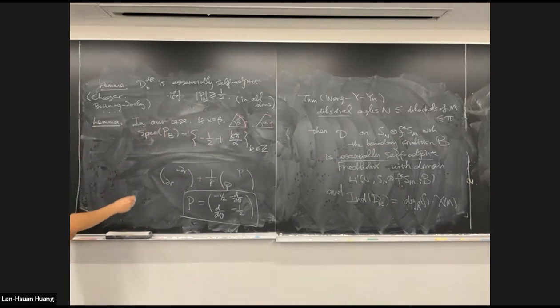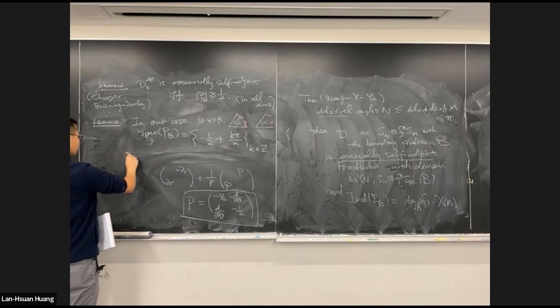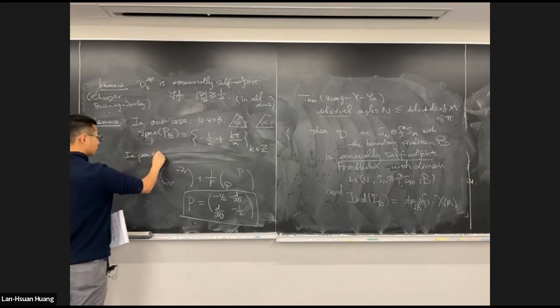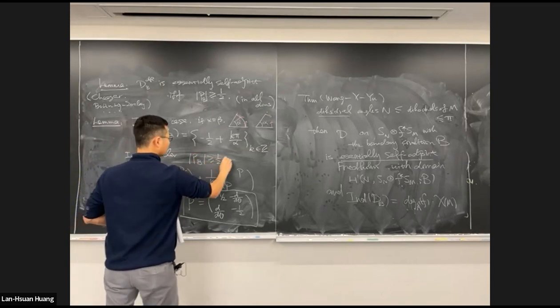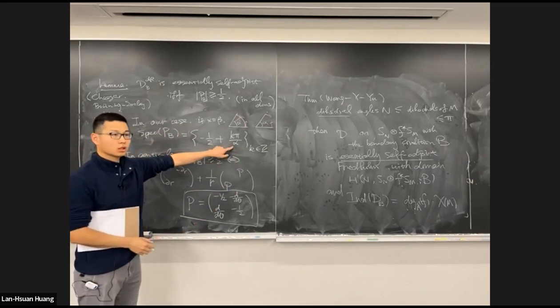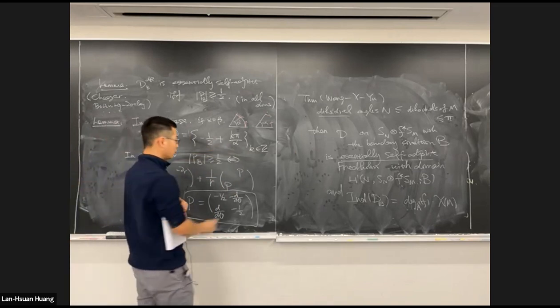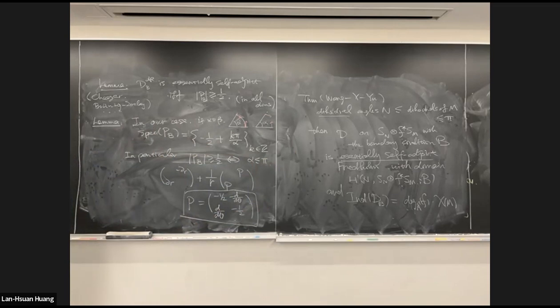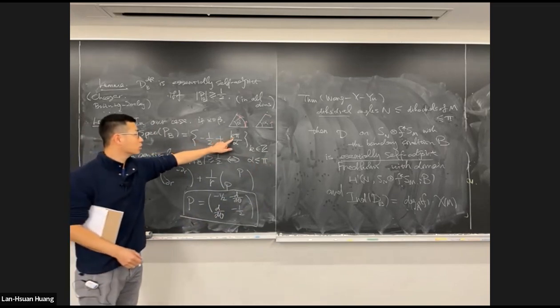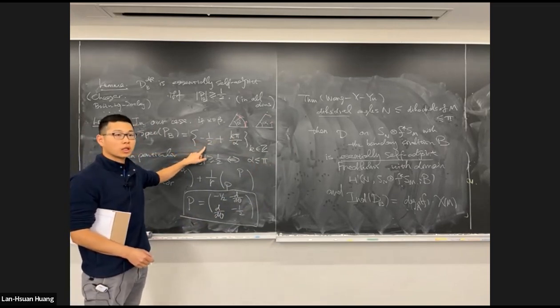In particular, look at this: at k equals 0, you already had negative 1/2.